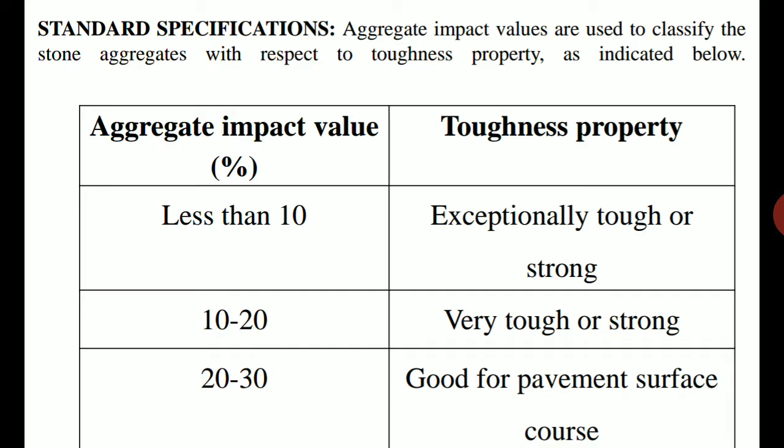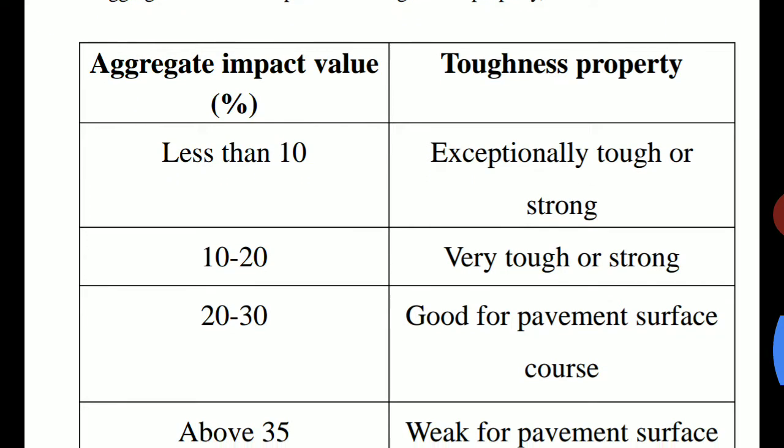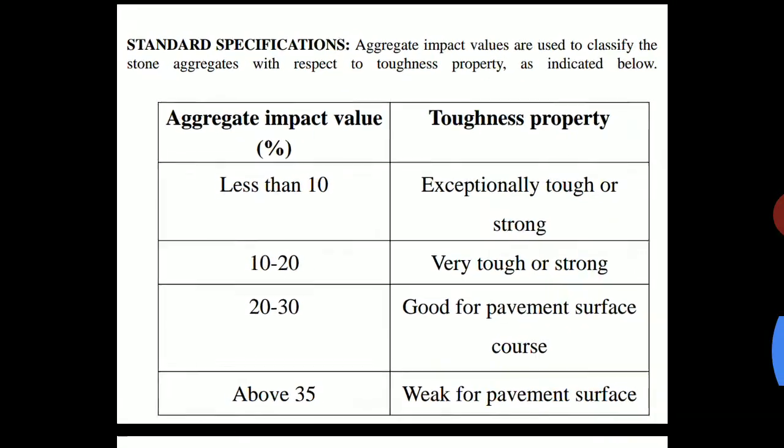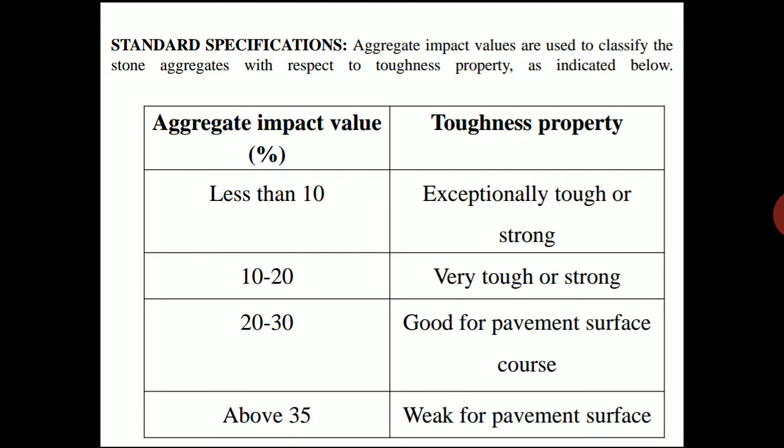So these aggregate impact values are used to classify the stone aggregates with respect to the toughness property as indicated below. Whatever you get after conducting the test, if it is less than 10, then the aggregate is exceptionally tough or strong. If the aggregate impact value is between 10 to 20%, then we can say that the aggregates are very tough or strong.